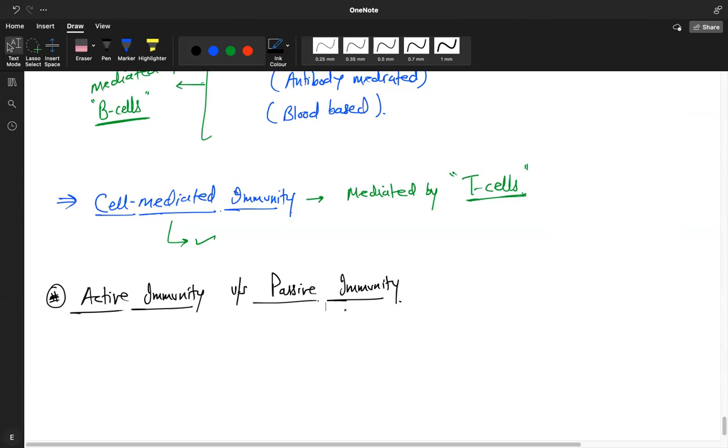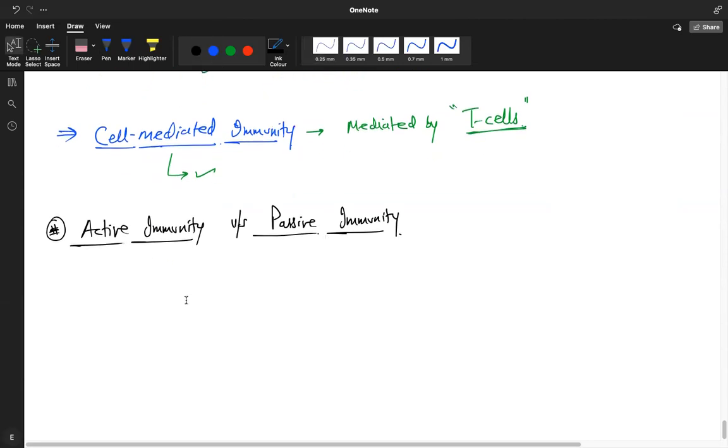Antibodies are very important for any immunity, but in active immunity, write down, antibodies are produced in the host body. That's our own. We are actively making our own immunity.